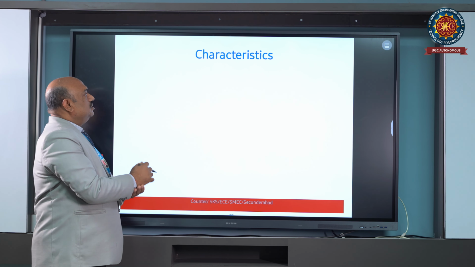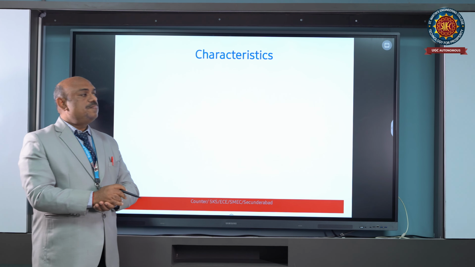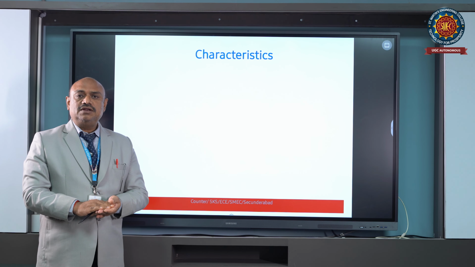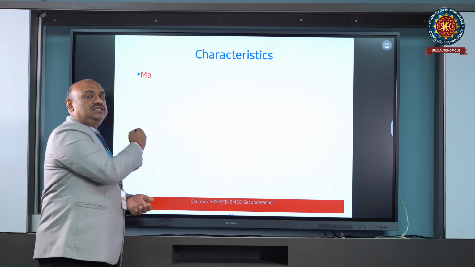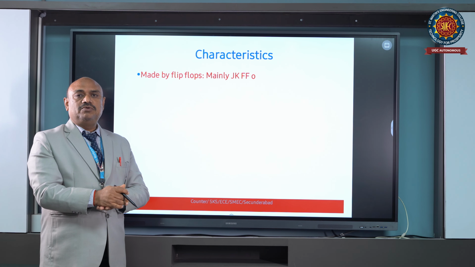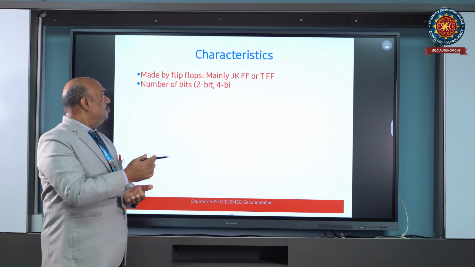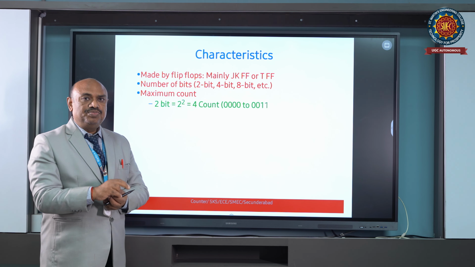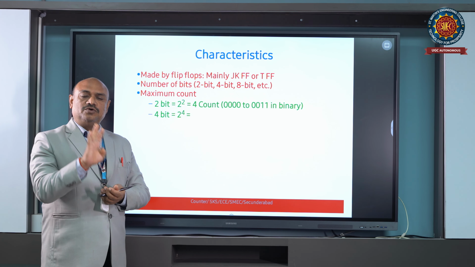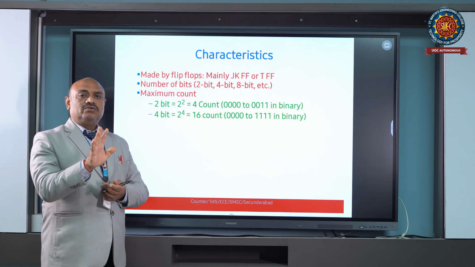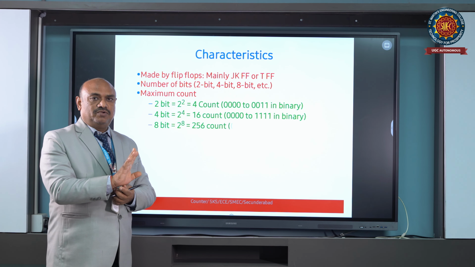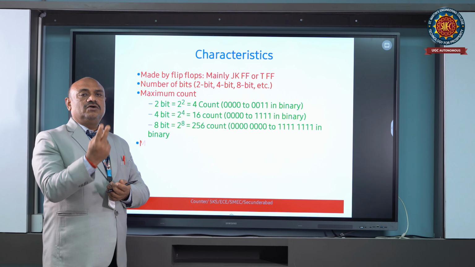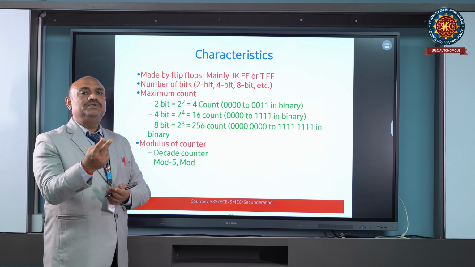If we move to the characteristics of the counter, a counter can be a 2-bit counter, 4-bit counter, 16-bit counter, or a 2 to the power of n-bit counter. A 2-bit counter requires 2 flip-flops, a 4-bit counter requires 4 flip-flops, and an 8-bit counter requires 8 flip-flops. So as many bits as the counter has, that many flip-flops it requires.